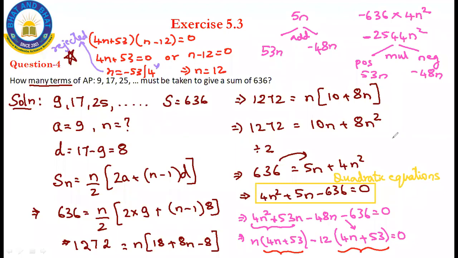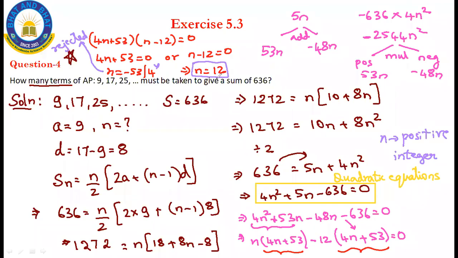So always we should know n is a positive integer. This does not satisfy both conditions, positivity as well as integer. It is not positive, and it is a fraction, not an integer. So I have to reject this and say that n is equal to 12 is the final answer.